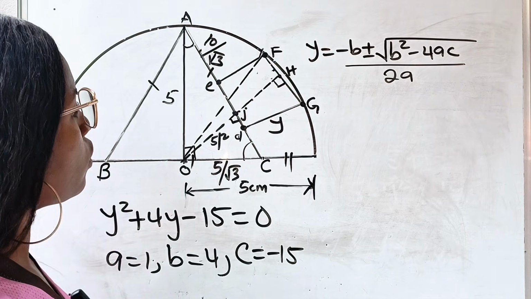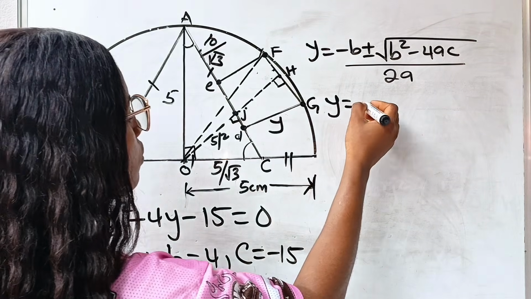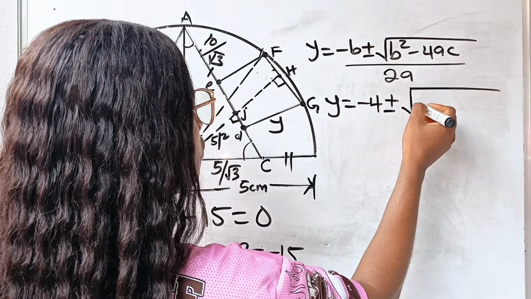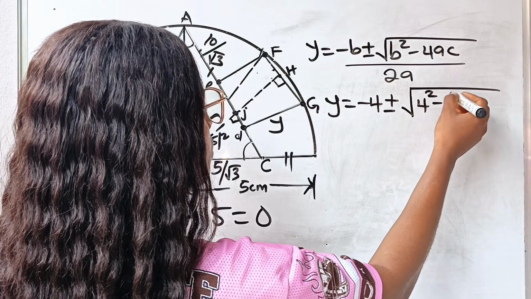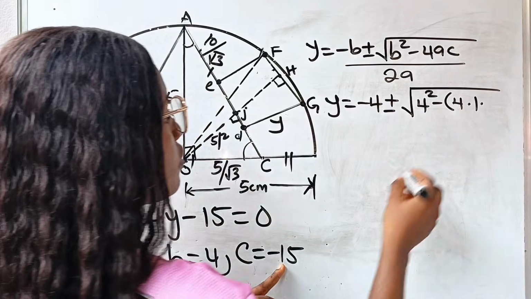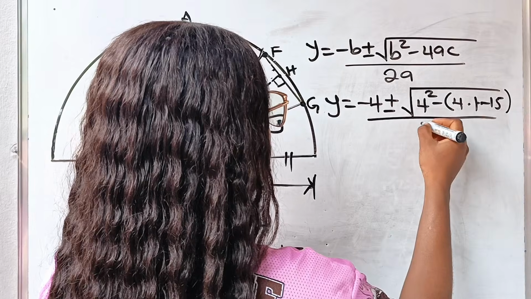Now moving forward, we will have our y to be minus 4 plus or minus square root of 4 squared minus 4 multiplied by 1 multiplied by, our c is negative 15, divided by 2 multiplied by 1.